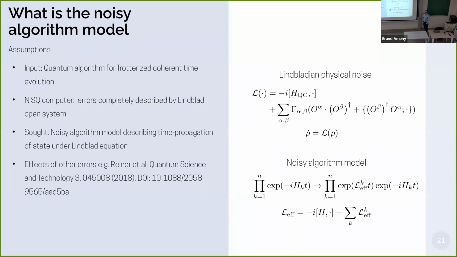And in the end, where we want to go to, we put in this coherent time evolution, but we want to come out with something where we have the coherent time evolution and the Lindblad term time evolution, some noise time evolution.